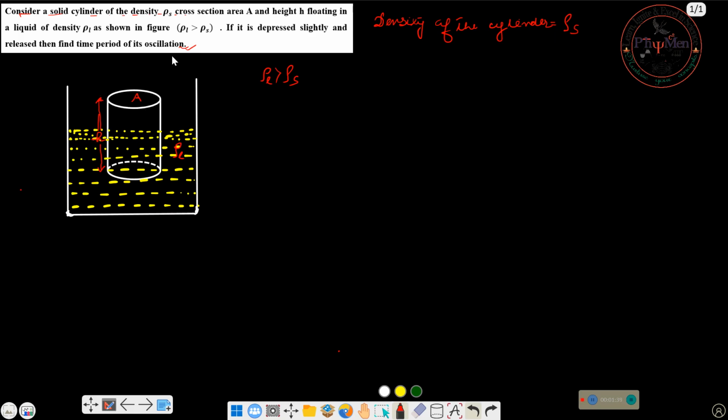Previously, the cylinder is in equilibrium, right? Before depressing, it is in equilibrium. So we can write: weight of the cylinder is equal to buoyancy force.